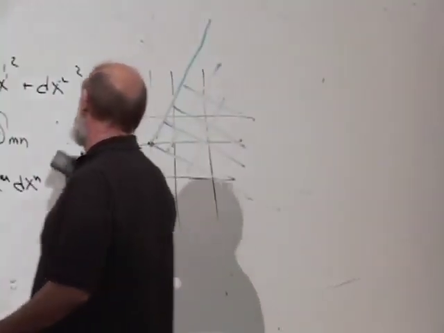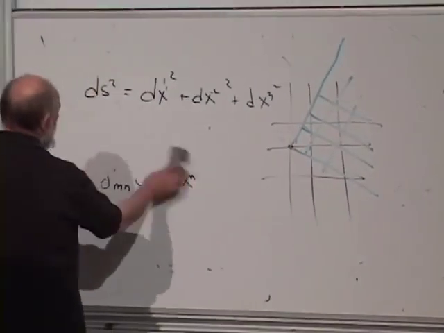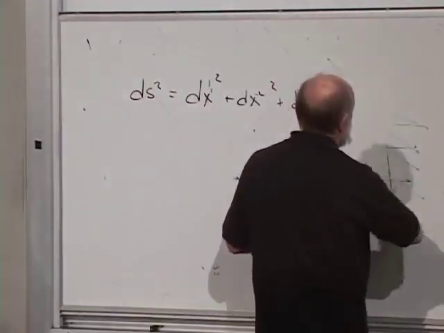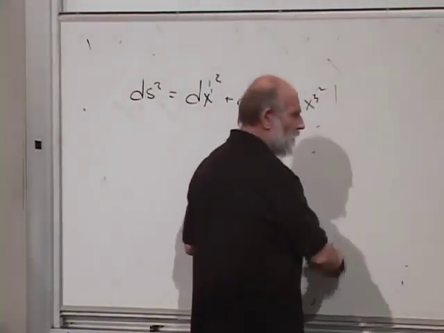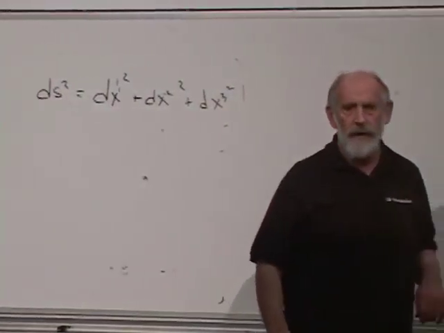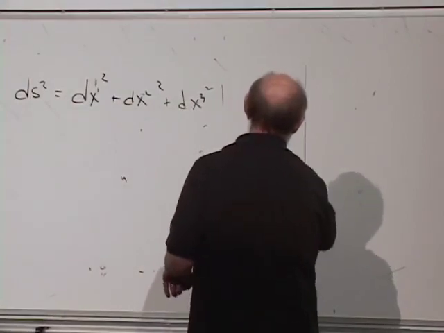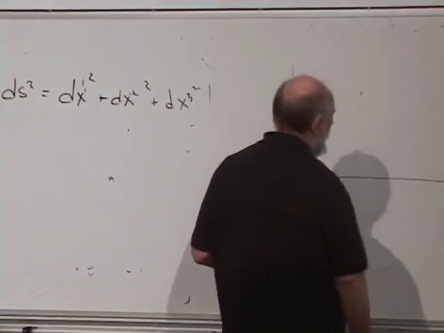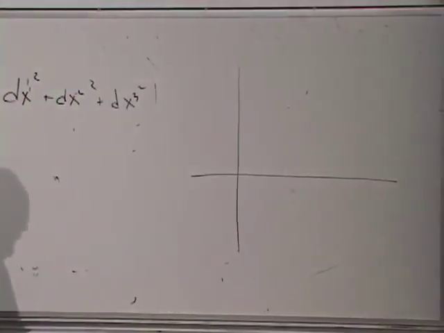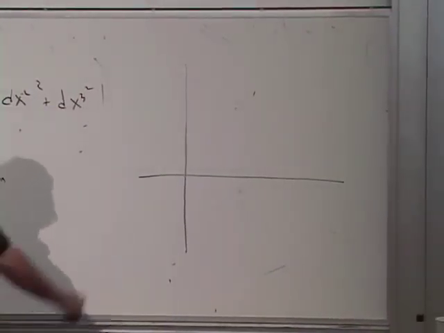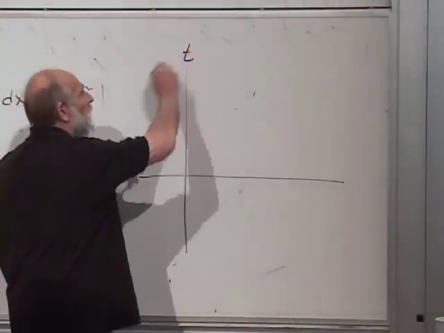Now let me come to space-time. As you know, and if you don't, you better find out quickly, space-time has 4 coordinates. It's a 4-dimensional space. One of the coordinates is time.